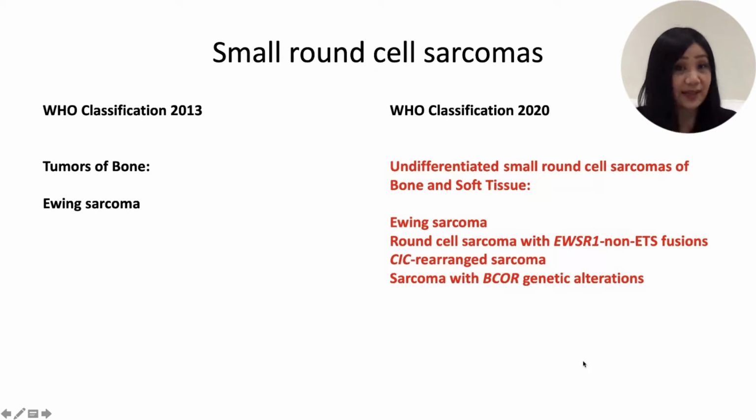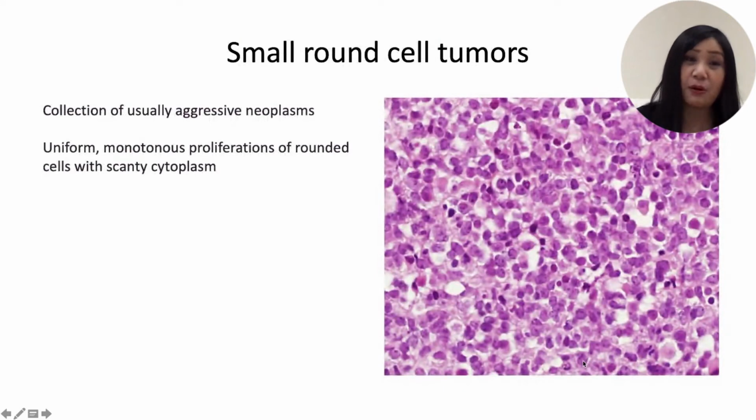The first is Ewing sarcoma. The next is round cell sarcoma with EWSR1 non-ETS fusions. Prof has talked about those already. And then the next 2 are the CIC rearranged sarcomas and sarcomas with BCOR genetic alterations. And we'll talk about these and other round cell sarcomas in this talk.